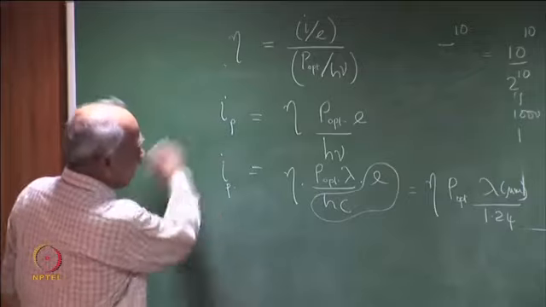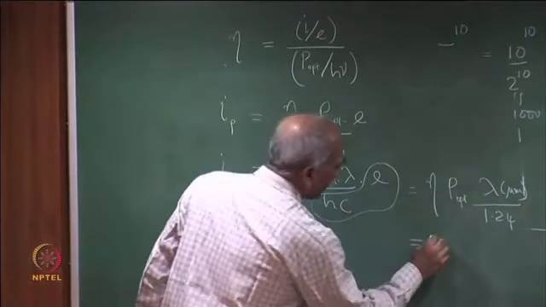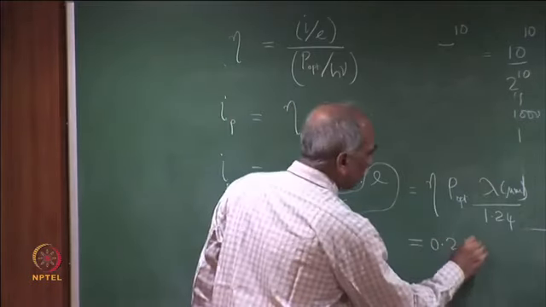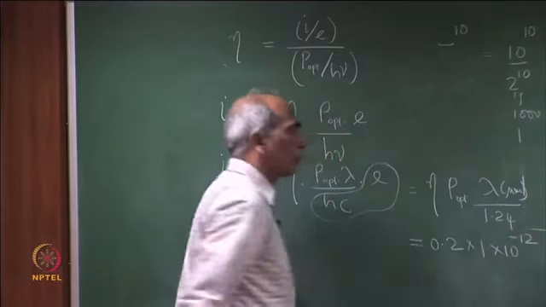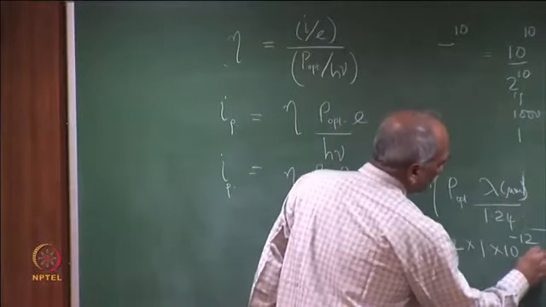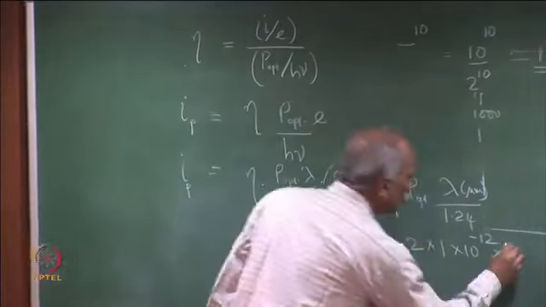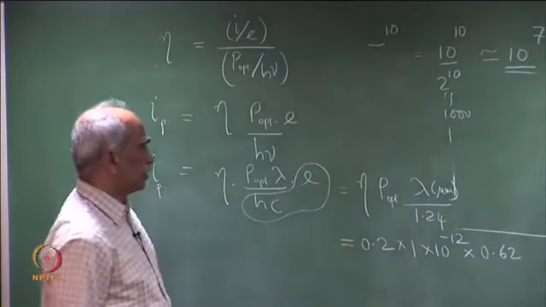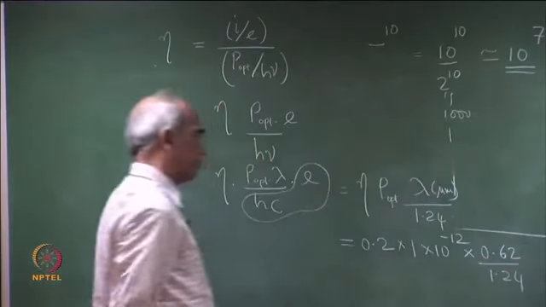If I look at the previous curve, these are typically 0.1 to 0.2, so let me assume eta is equal to 0.2. Incident optical power is 1 picowatt, so 1 into 10 power minus 12, and the wavelength, let me assume 0.62, divided by 1.24.